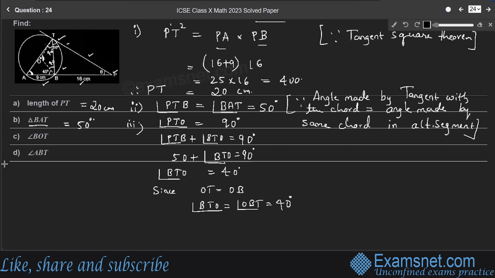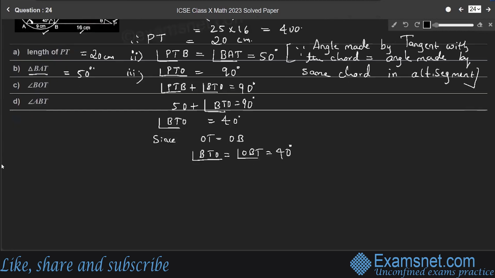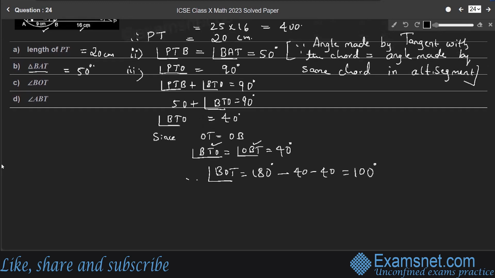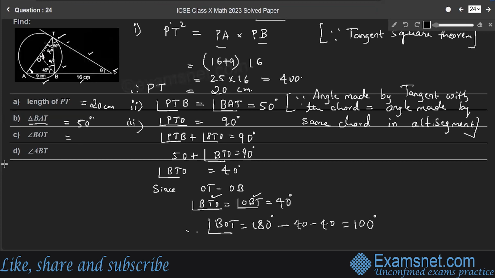Therefore, the remaining angle, which is BOT, is equal to 180 minus BTO minus OBT, which is 180 minus 40 minus 40, equal to 100 degrees. Angle BOT is 100 degrees.